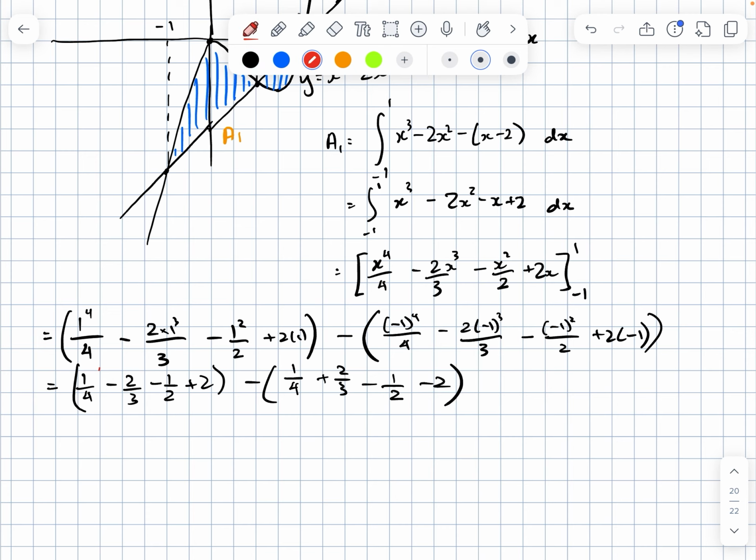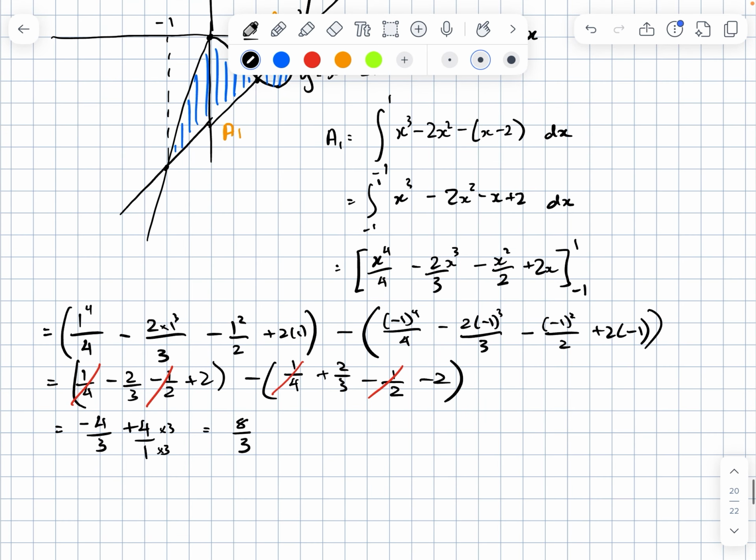The quarters will cancel, the negative halves will cancel, so that gives me -2/3 minus 2/3, which is -4/3, plus 2 minus -2, so plus 4. Multiplying those two by 3, -4 plus 12 is 8, so 8 over 3. That's area 1. Of course, you don't need to do that by hand, you can plug it into your calculator.